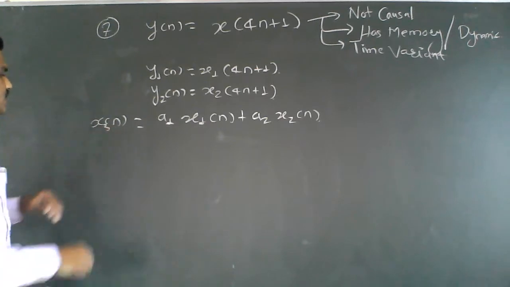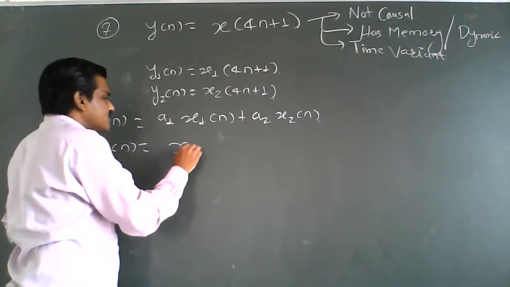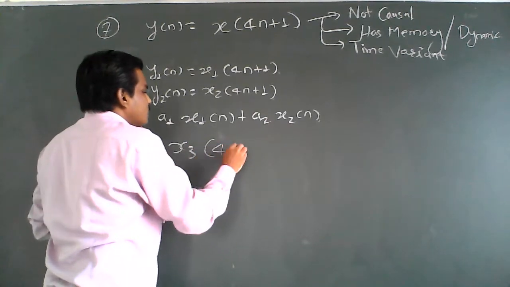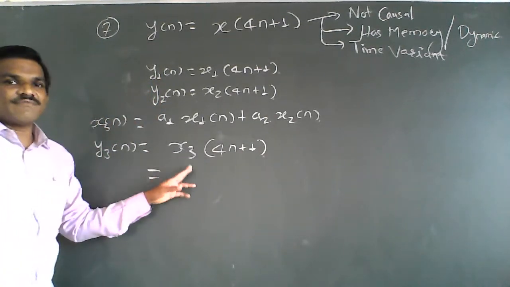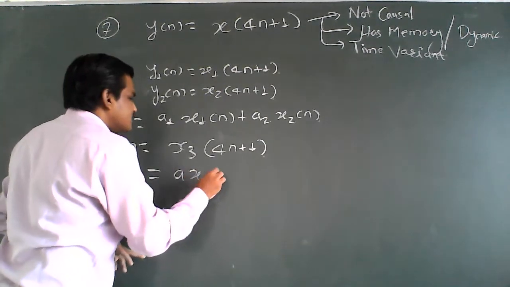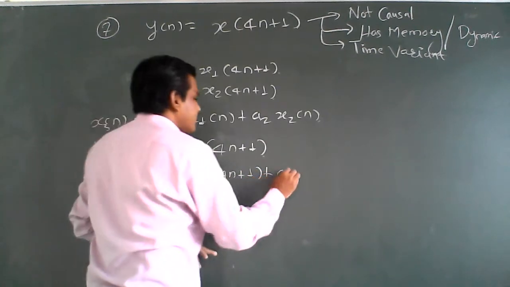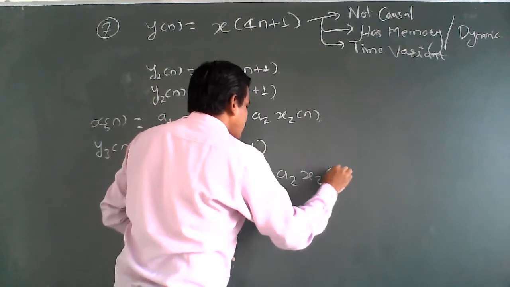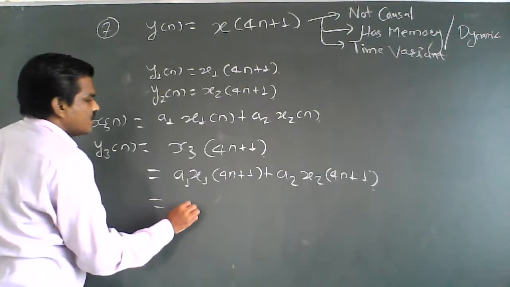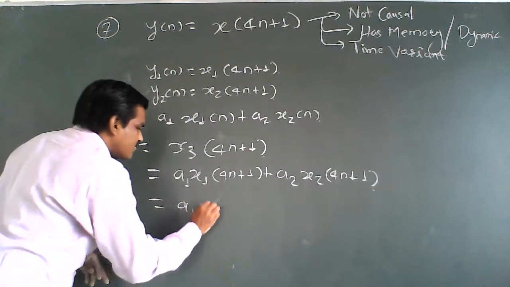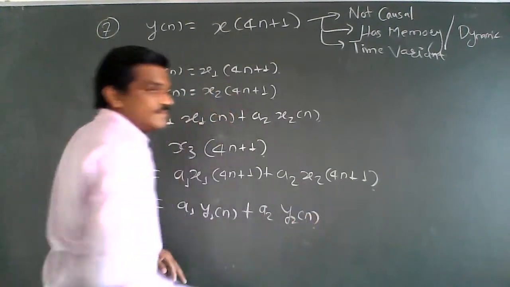The output y3 of n is x3 of 4n plus 1, which is a1 x1 of 4n plus 1 plus a2 x2 of 4n plus 1. This equals a1 y1 of n plus a2 y2 of n.